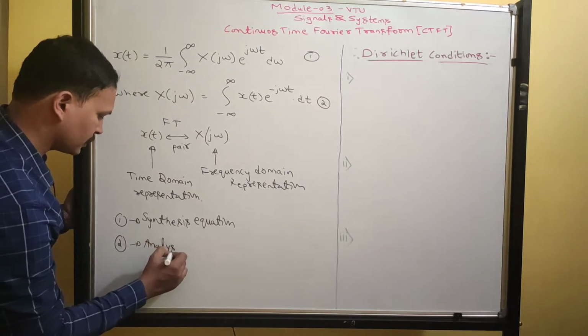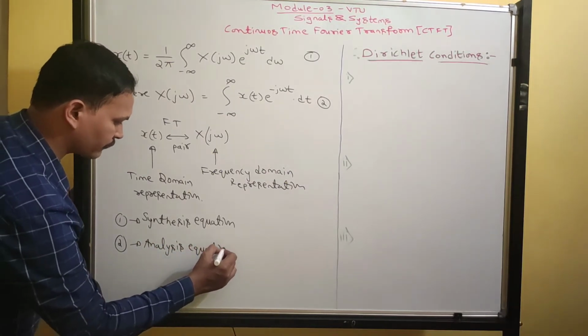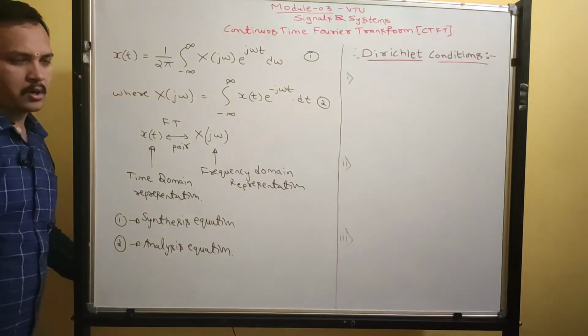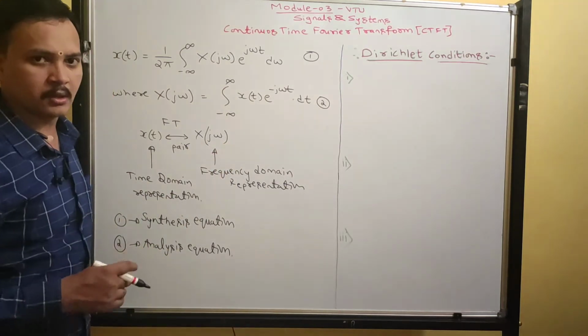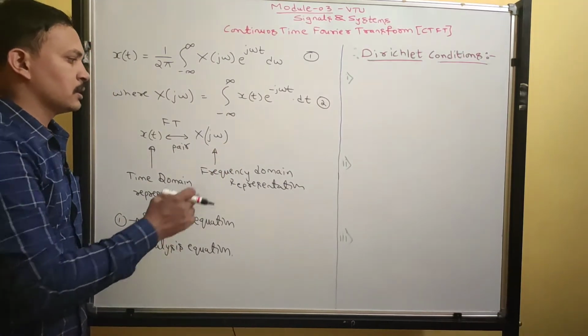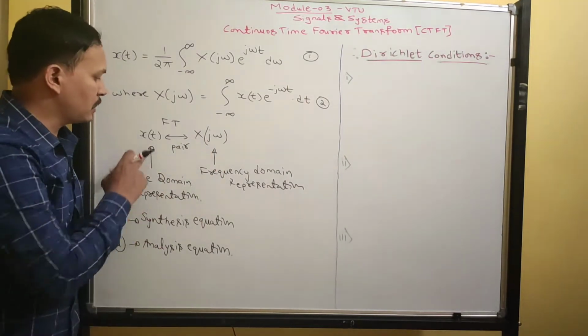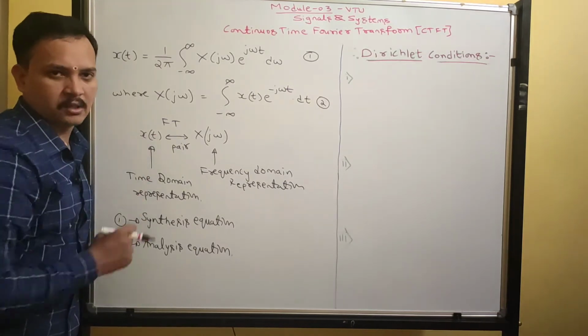Got it? We can also call X of j omega the spectrum of the signal x of t, the frequency spectrum of the signal x of t.